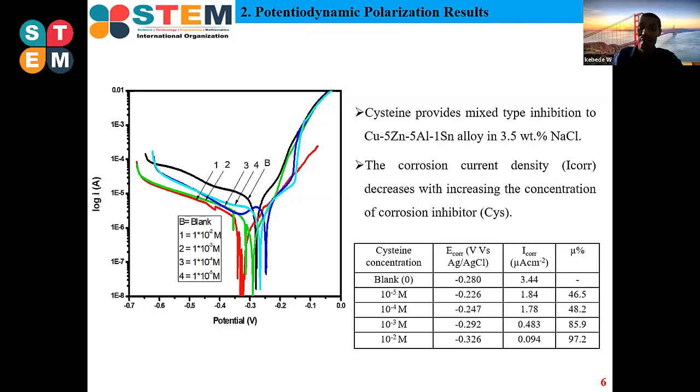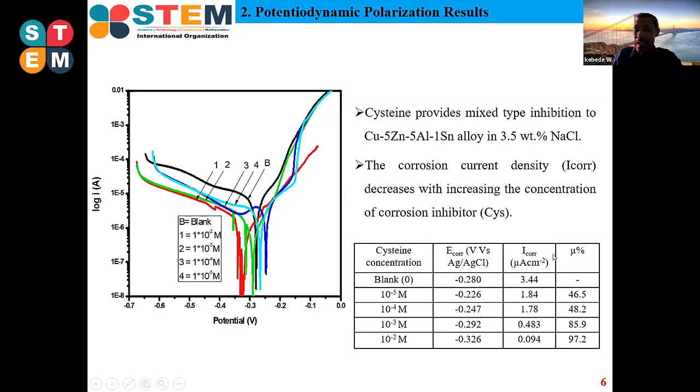So if, in the presence of the inhibitor, the current density is lowered, it means this material acts as a corrosion inhibitor.